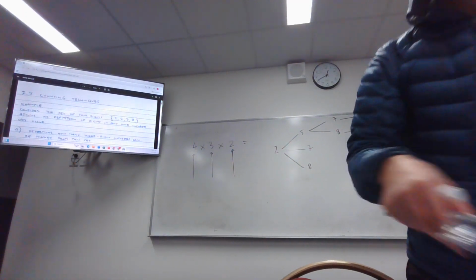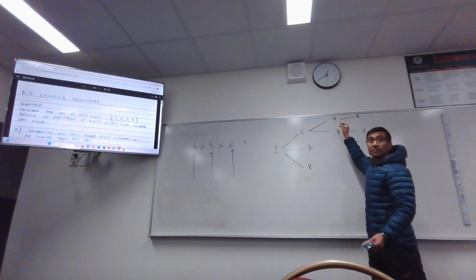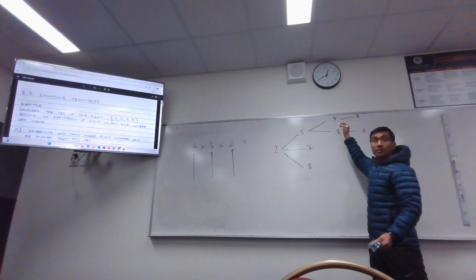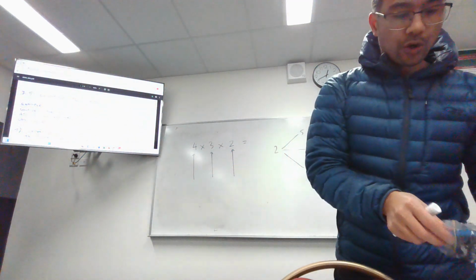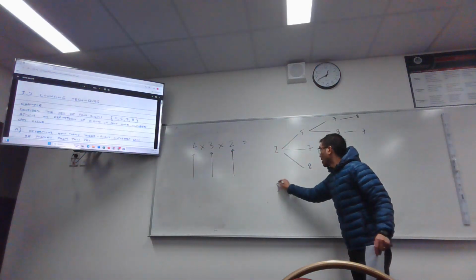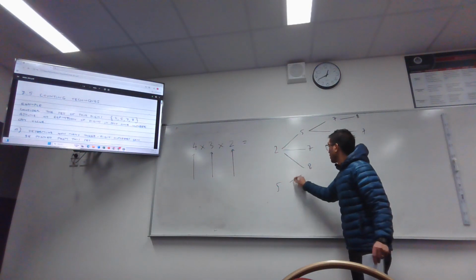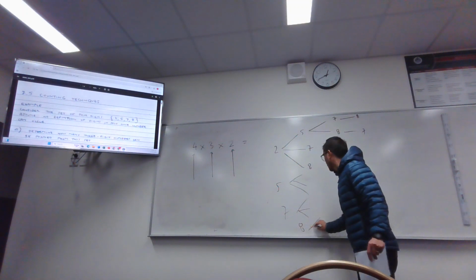And how many sets of these large branches do we have? Not quite. We can have the 2s. We can have the 5s. We can have the 7s. And we can have the 8s.